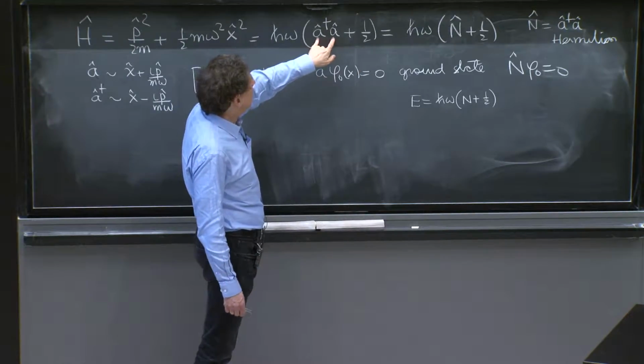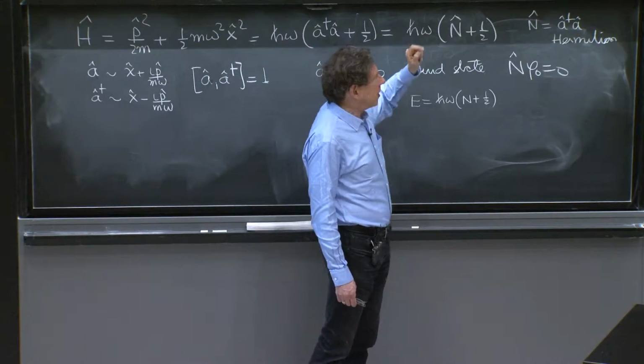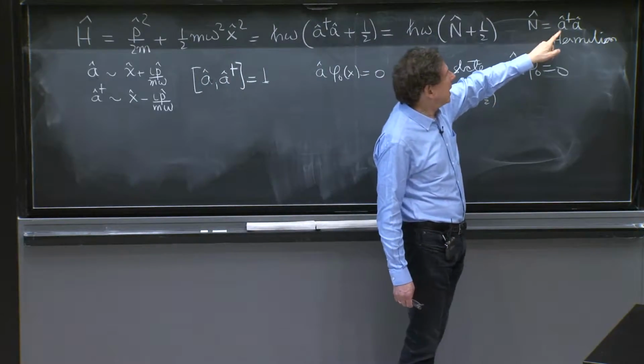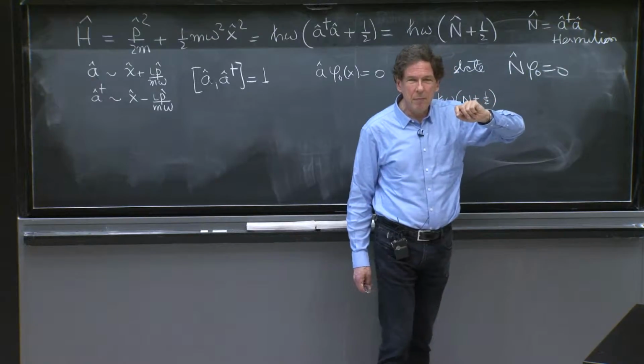We call this A dagger A the number operator N, which is a Hermitian operator.